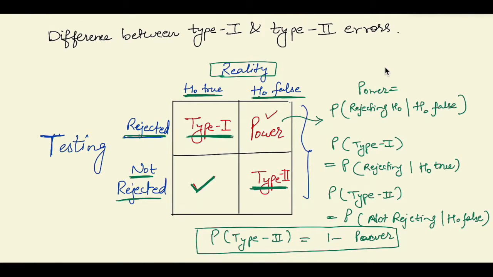So we are given a significance level of alpha. In that case, what would be the probability that we will reject the hypothesis given h0 is true? Let's say we have a distribution h0 when h0 is true with the mean mu naught, and let's say we observe a value, say x.